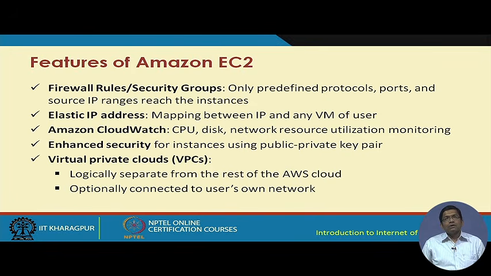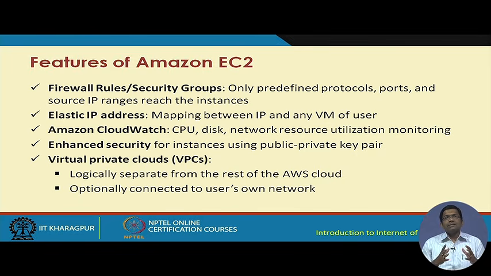Features of Amazon EC2 also include firewall support for firewall rules and security. Overall, there are predefined protocol ports, etc., with source IP ranges supporting different firewall rules and security mechanisms. Elastic IP address mapping basically maps between the IP and the VM of the user.